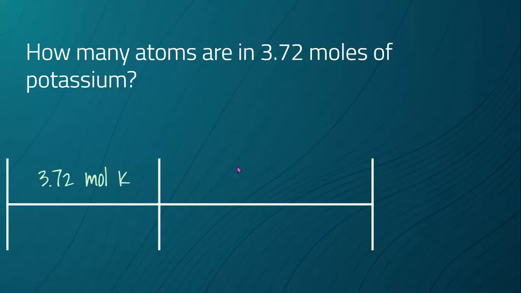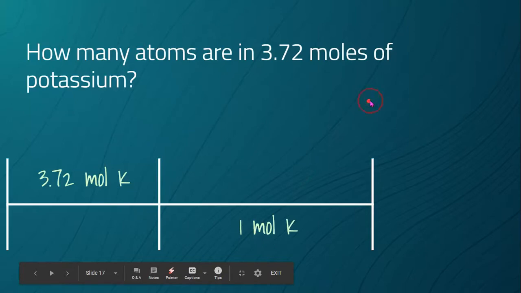So since I have moles of potassium up, I'm going to need to do moles of potassium down. Remember that my conversion factor is Avogadro's number. There's 6.022 times 10 to the 23rd particles per 1 mole of a substance. So I'm going to put the 1 mole diagonal down so that moles cancel out.